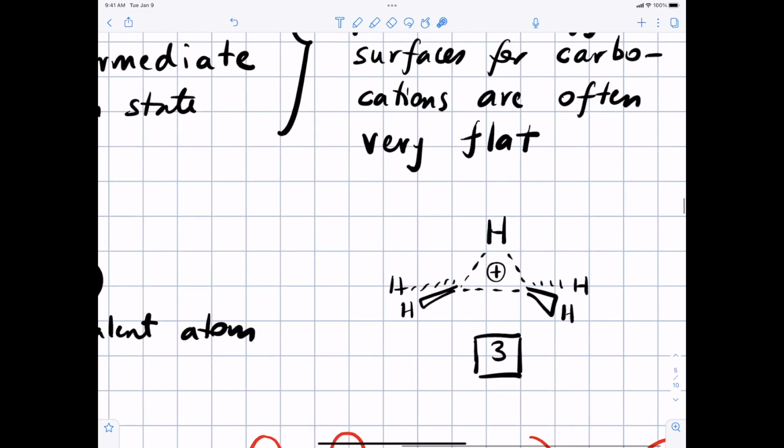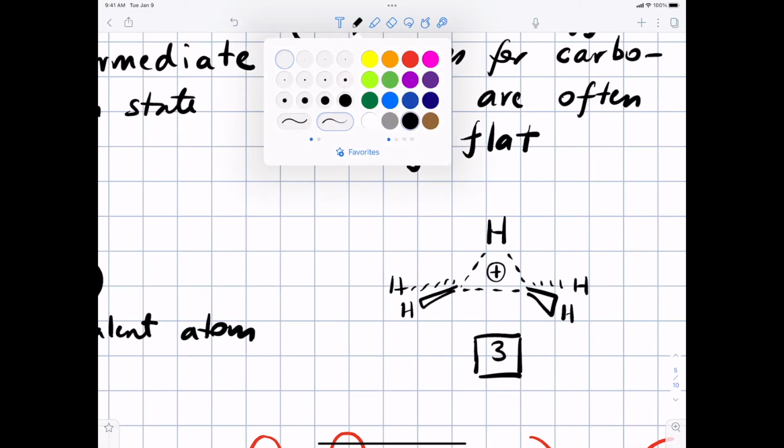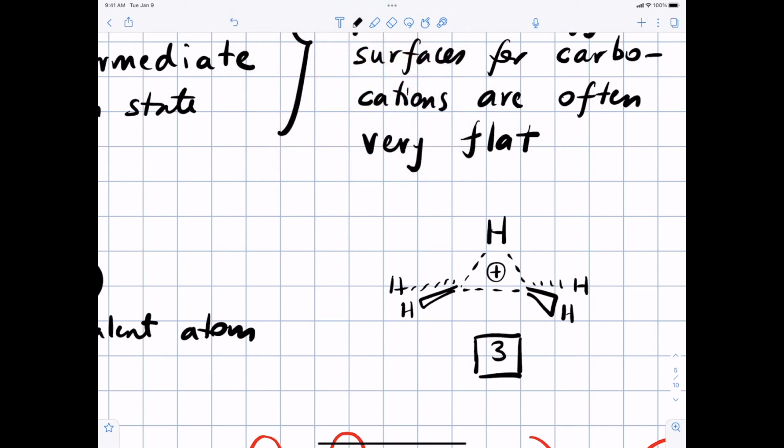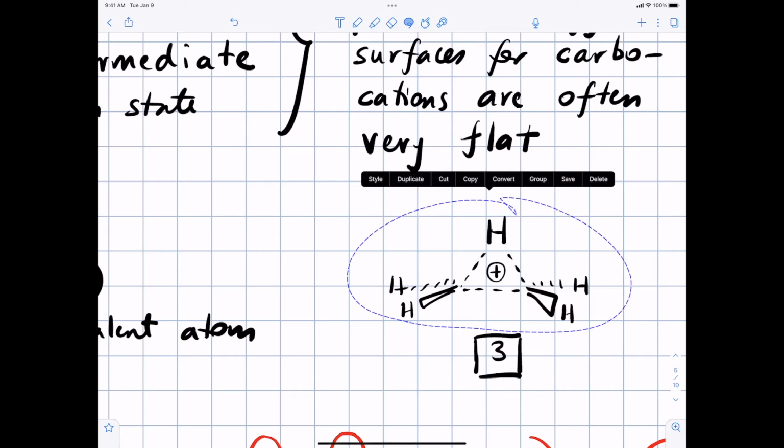You can think of a non-classical carbocation as being the hybrid structure for the following resonance structures. Isn't this fun, right?